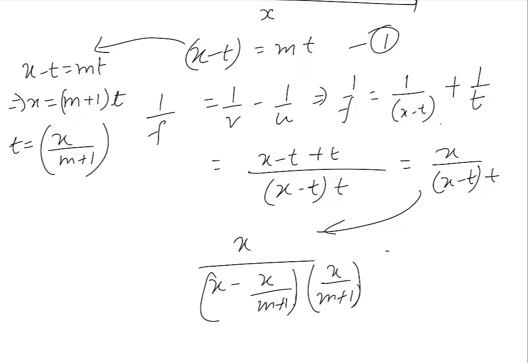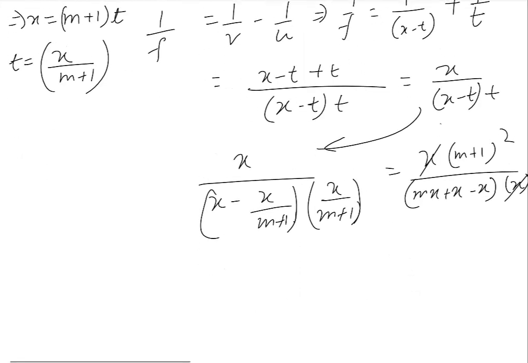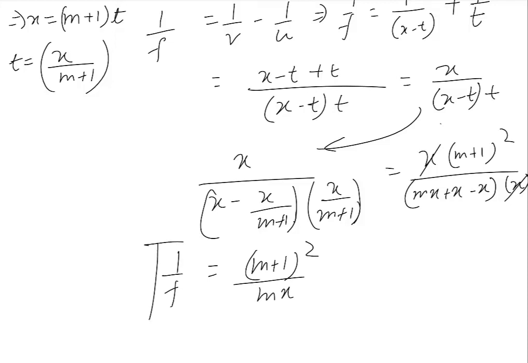As you can see, m plus 1 square will go to the top, and this will give me mx plus x minus x into x. This x gets cancelled, and you get m plus 1 whole square over mx, but this is equal to 1 over f. So option number 1.